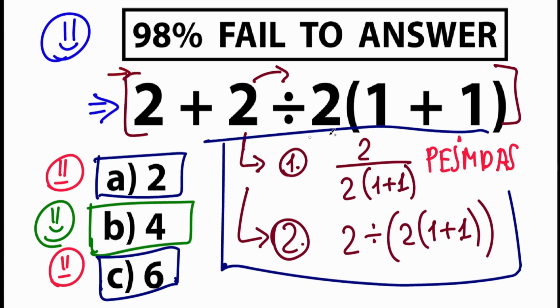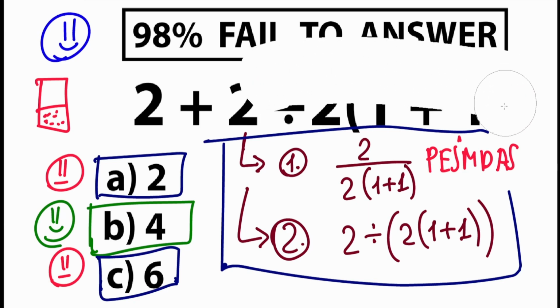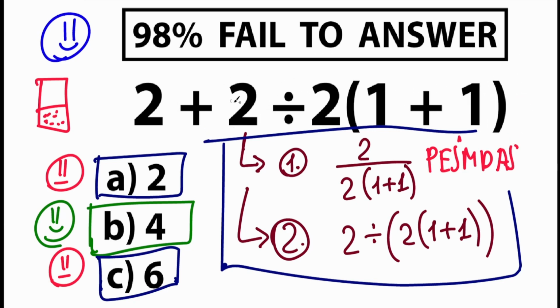Okay, so that was my quick explanation about this question, and here are a few hints, because maybe you will plug this question into your calculator. Some calculators work with the problem as you type it in. For example, you plug in 2 plus 2, and sometimes the calculator says, okay, right here we have 4, and then you make the division, you make the parentheses, and you will get a wrong answer. 100% you will get it.